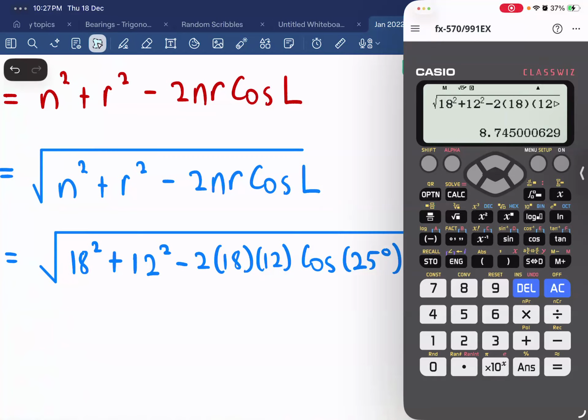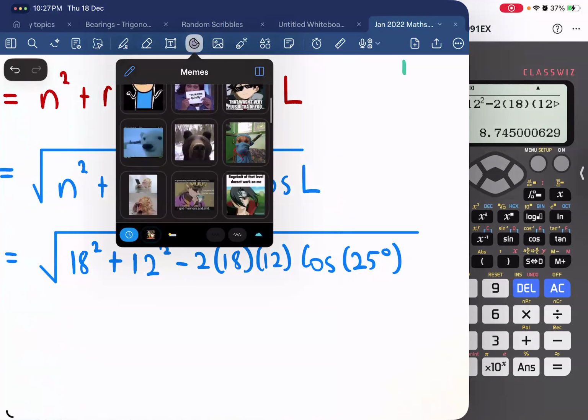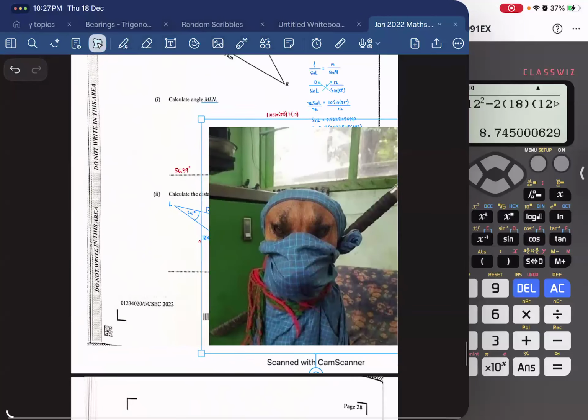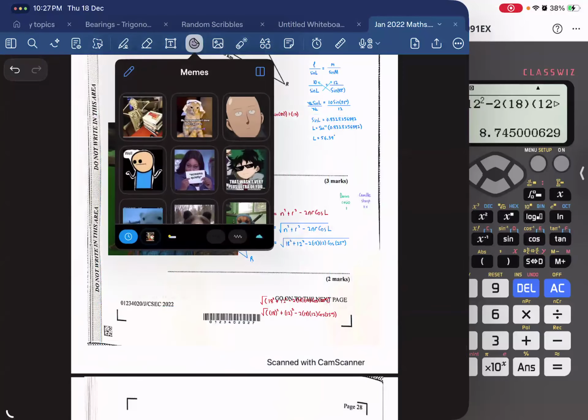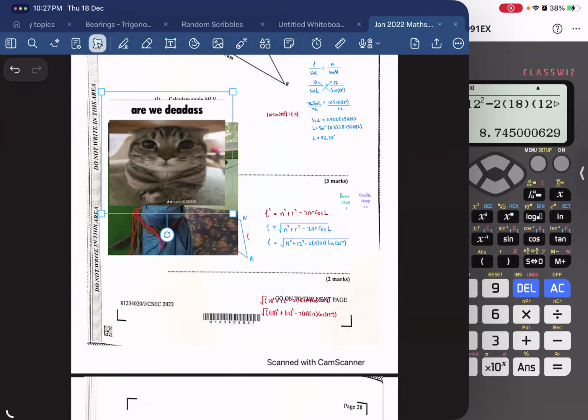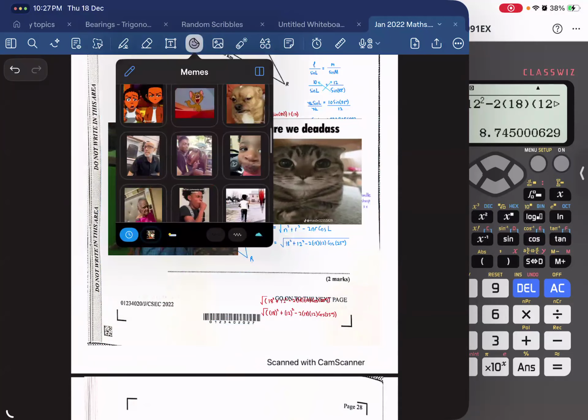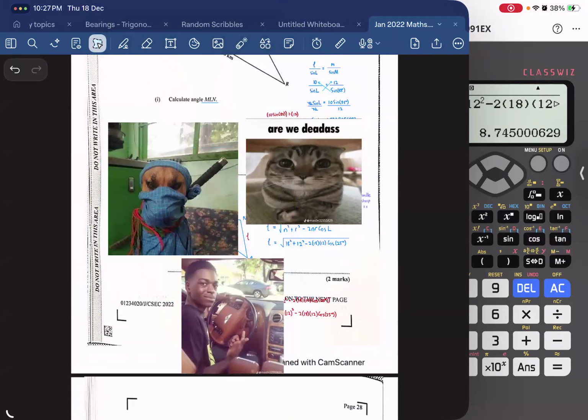Whoever said Casio is not allowed in the exam room, I have this sticker for them. Guys, Casio is allowed in the exam. The only calculators not allowed in the exam are programmable calculators. A Casio is not a programmable calculator.